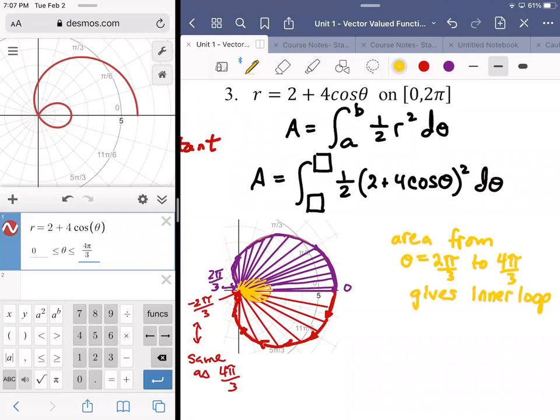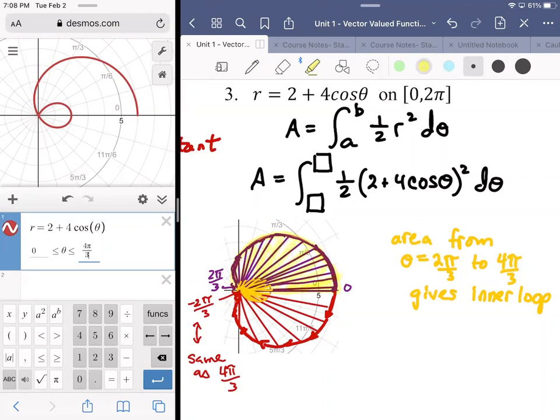What we can't do is go from 0 to 2 pi, because what's going to happen is we'll go all the way around, grab that inner loop, and then go the rest of the way. Let me use the highlighter to demonstrate that. We would start here. We would get all of this area on the top half. All of this stuff would be accounted for, including the inner loop.